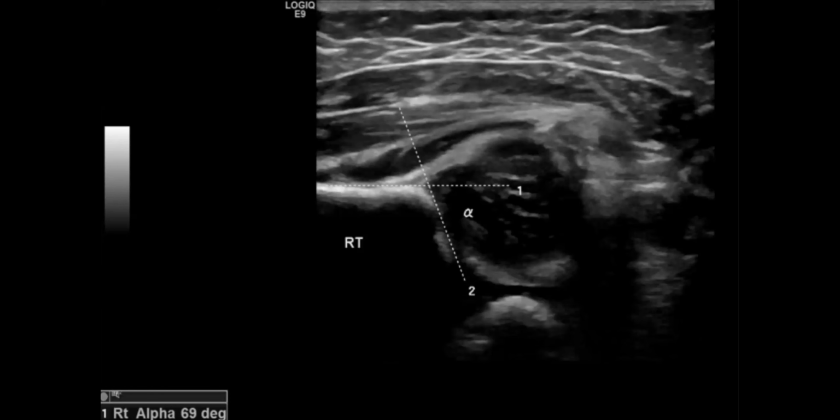Here is the normal, my friends. This horizontal bone is the ilium, and this is the bony acetabulum, and this is the acetabular labrum, the echogenic part. This is the pubis. The femoral head, by description, is subjective, and the angle is objective.